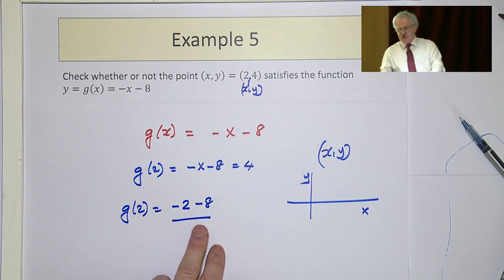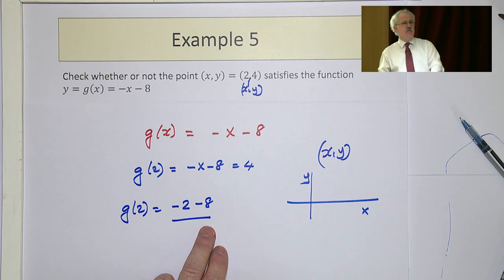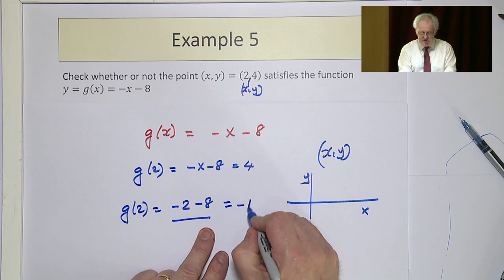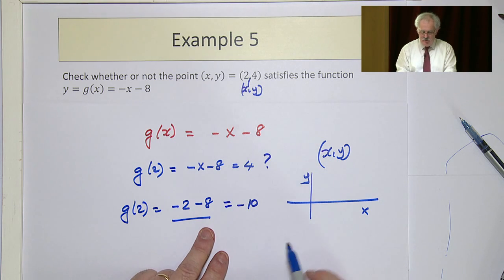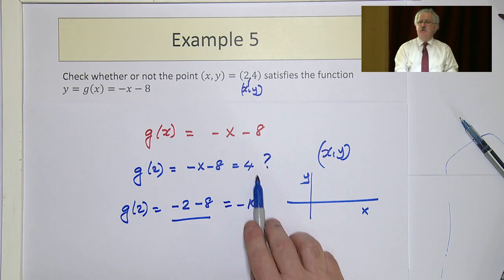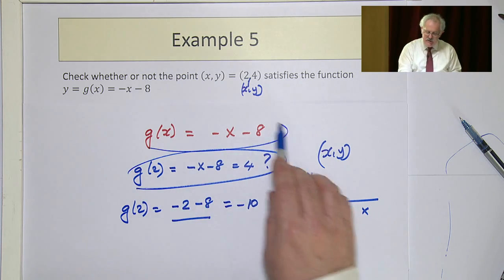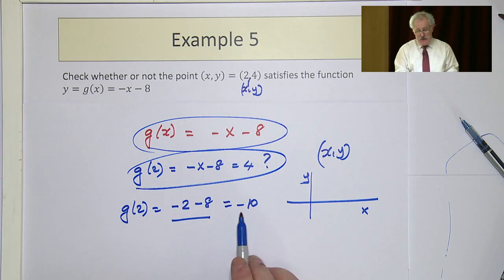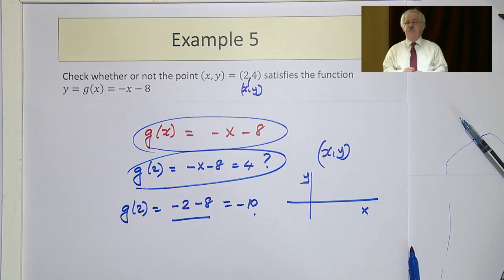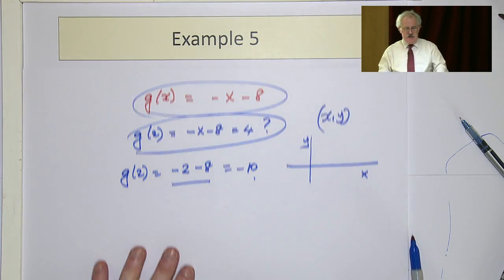Minus 2 minus 8, what's that answer? Minus 10, isn't it? So is minus 10 equal to 4? No. So I think we're getting that minus 10 is not the function value then. Is that okay? So that's where that graph is at.